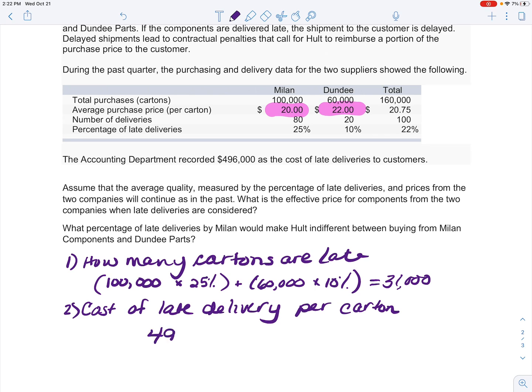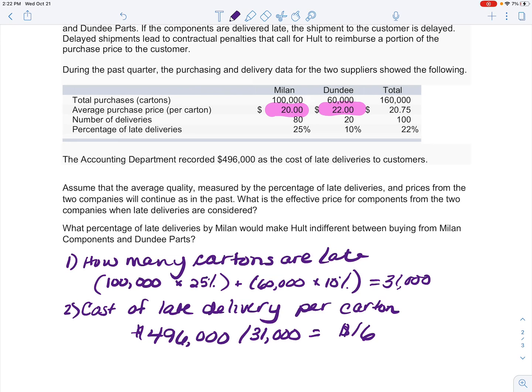We know the price of those late deliveries is $496,000. We know we have 31,000 cartons that relates to. Therefore, it's costing $16 per carton for each of these late cartons.